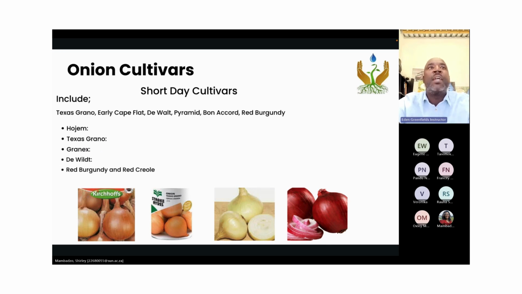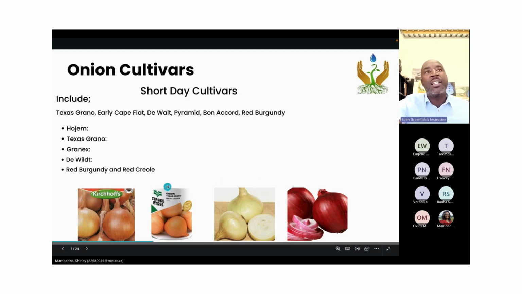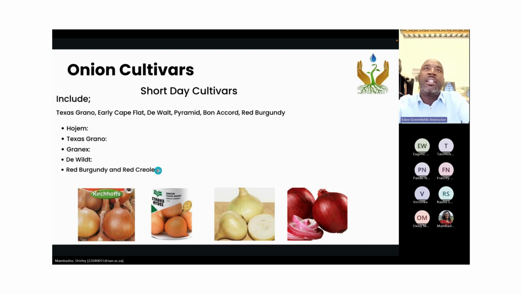All right. So we also have the red onion. When it comes to the red onion, we have the Red Burgundy and then the Red Creole. The Red Burgundy are also medium-sized in shape, right?